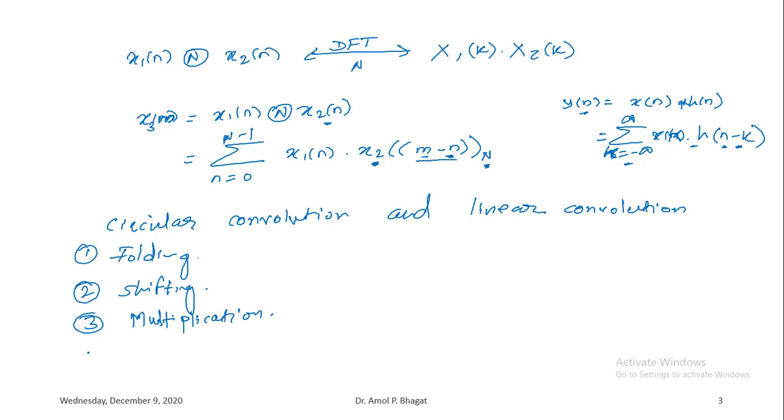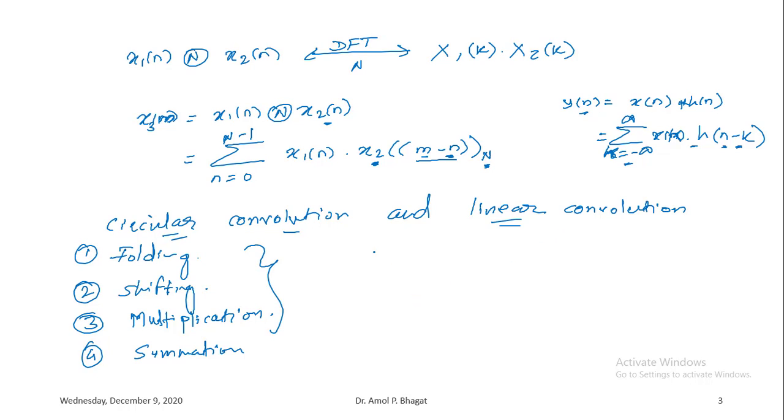And then the final operation is the summation or addition of the product sequence that we'll get. So these same four operations are involved in circular convolution as well as linear convolution.